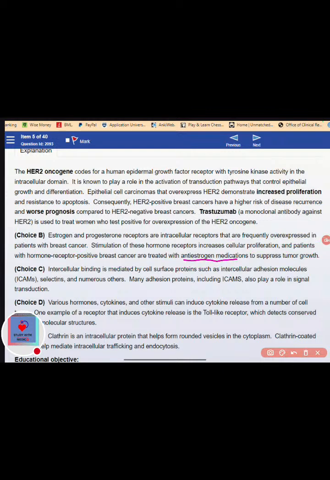In the previous lecture we have seen there are aromatase inhibitors, and there is tamoxifen, an estrogen receptor antagonist.